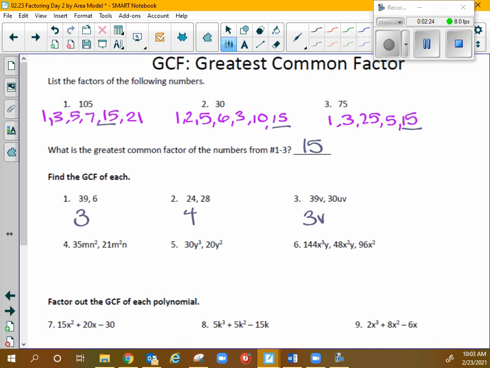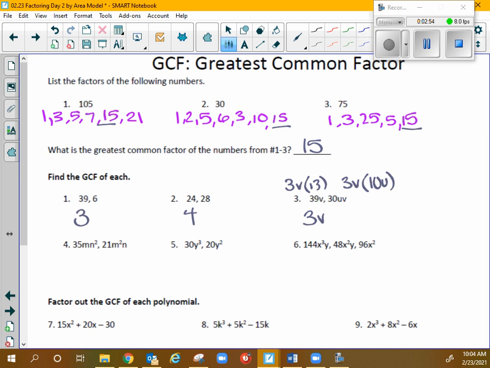So essentially I'm factoring anything that they have in common, but with the numerical values, I have to make sure it's the biggest one I can say. So here, 3b times 13 is going to get me back to where I was, right? 3b times 10u is going to get me back to where I was. Does that make sense where I'm getting these values from?